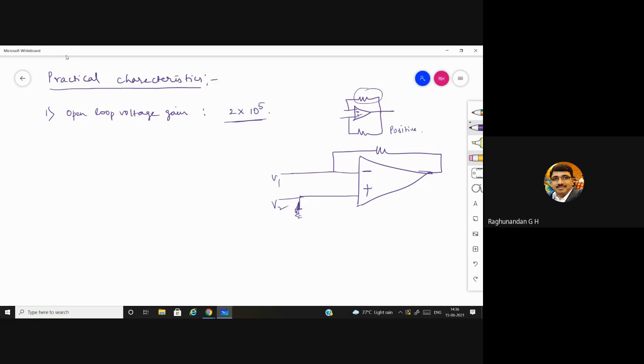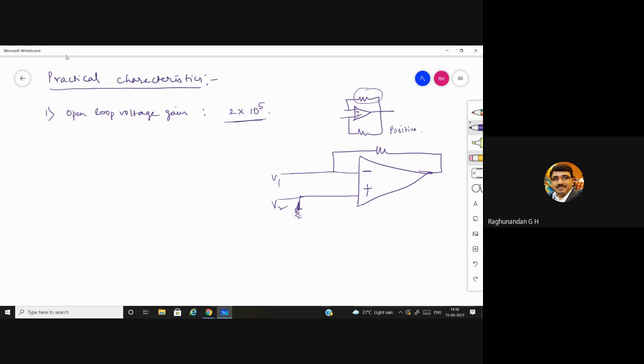Positive feedback is going to further increase the gain, but the negative feedback is going to decrease the gain because it is going to have a phase difference of 180 degrees whenever you consider an AC signal. So during that time, we will be attenuating the signal.